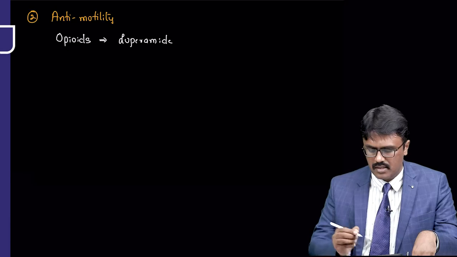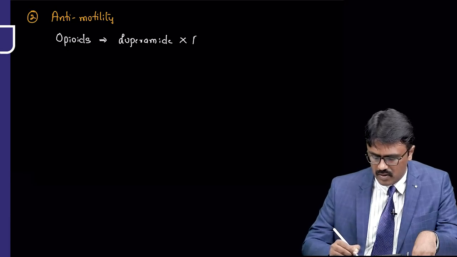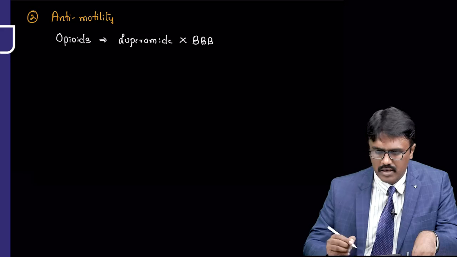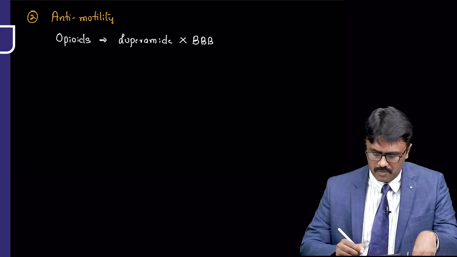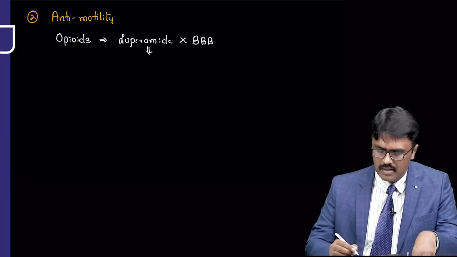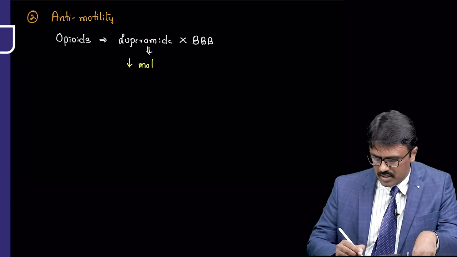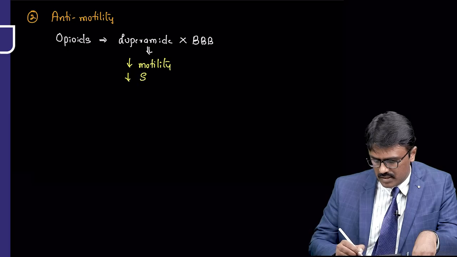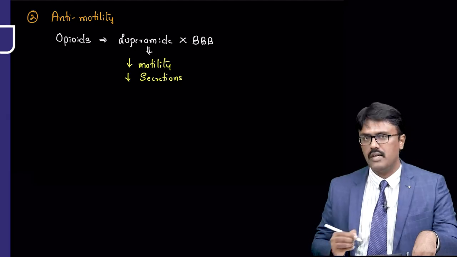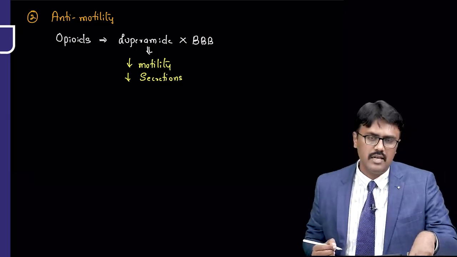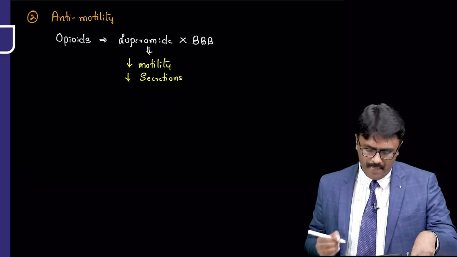Loperamide is the drug and it doesn't enter the brain. It doesn't cross the blood-brain barrier. It acts only in the periphery. What does it do? Loperamide in the gut decreases the motility of the intestine, as well as it decreases the secretions. So that is the advantage. It decreases the motility and decreases secretion. That is what we require in diarrhea.